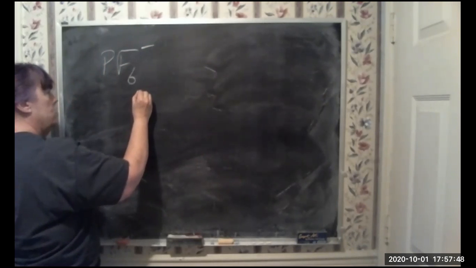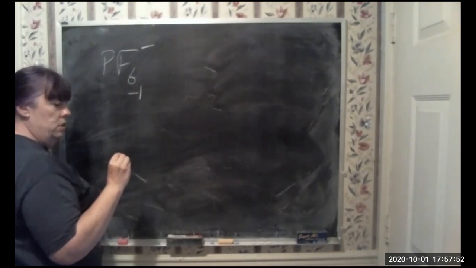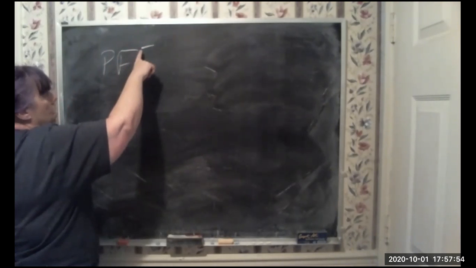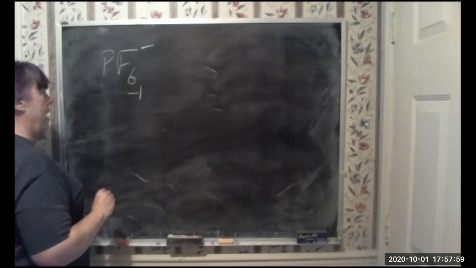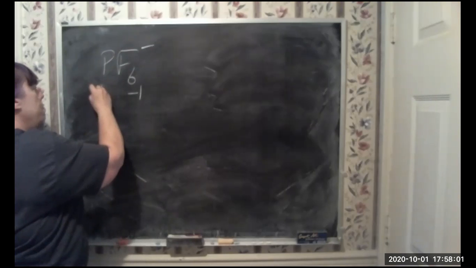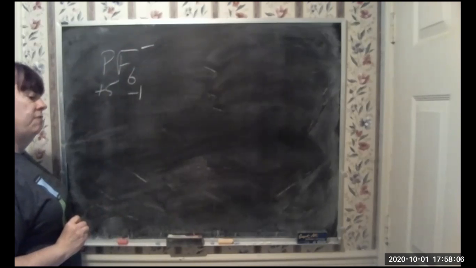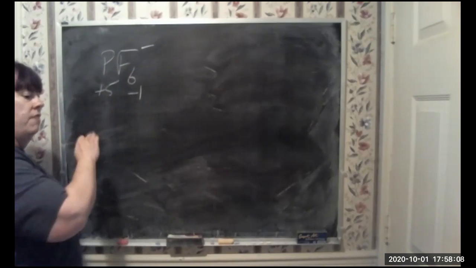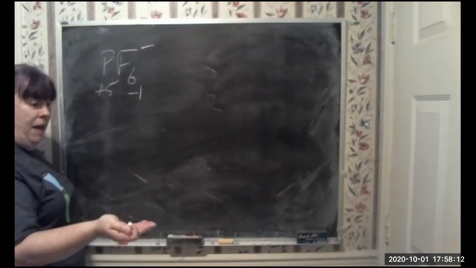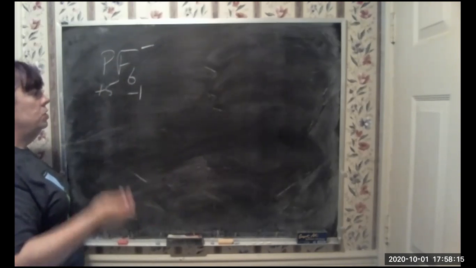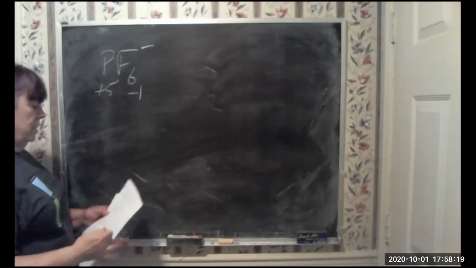F's are -1s, so all of those are -1s. I want to have one of those negatives left over. One of them should not get canceled out. In order to make that happen, I need to make my phosphorus be +5. 5 positives, 6 negatives, which means I have a misbalance or an unbalance. So that 1 negative is why this really odd, not neutral molecule actually has a charge.